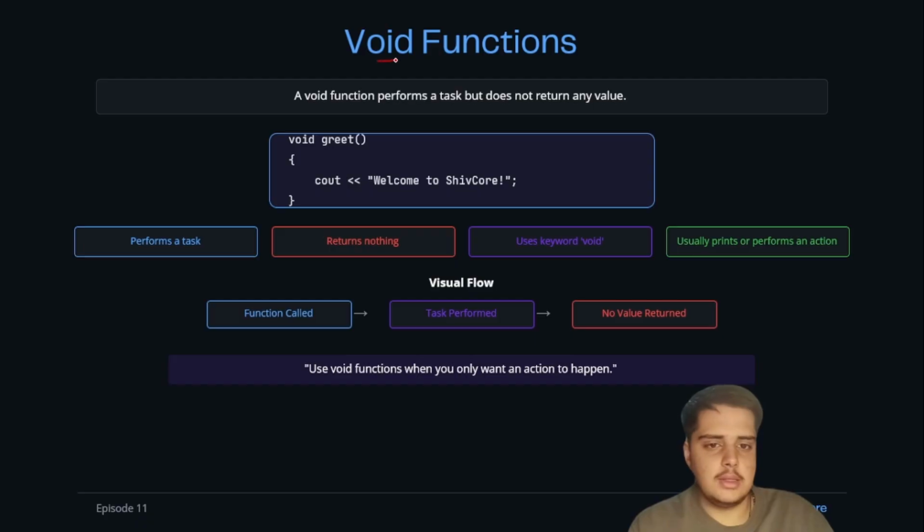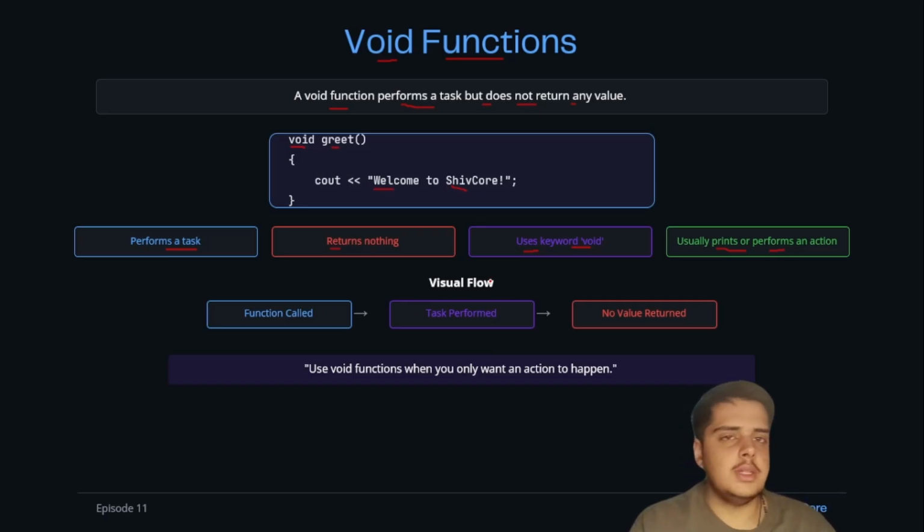Coming next is void functions. A void function performs a task but does not return any value. I just showed you a void function. So void greet, and here we said welcome to ShivCore. So we perform a task, it returns nothing, it uses the keyword void and usually prints or performs an action.